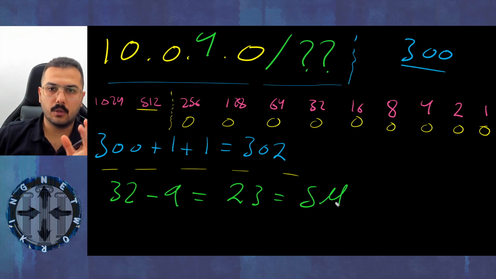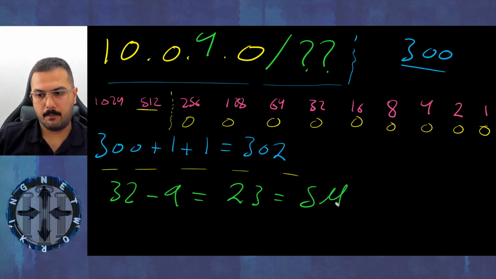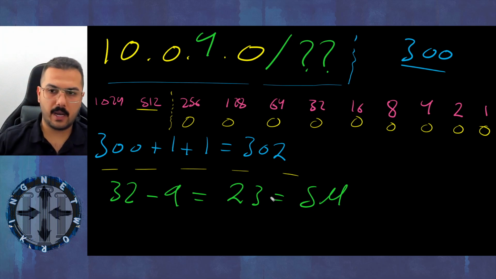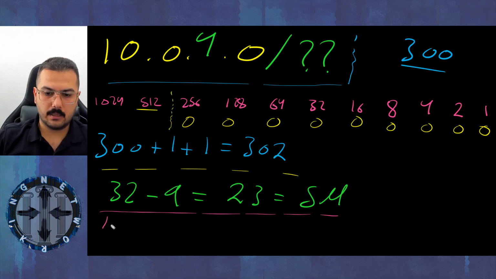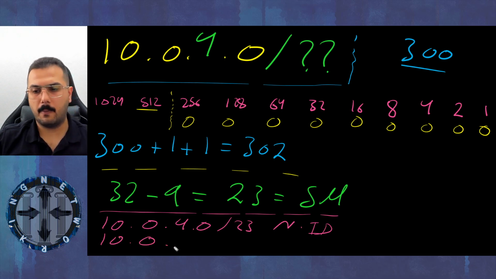Homework for yourself, go and do the VLSM. Pause the video, do the VLSM. After you return, the numbers should look like this. 10.0.4.0/23 was the network ID, and the broadcast ID would be 10.0.5.255/23.